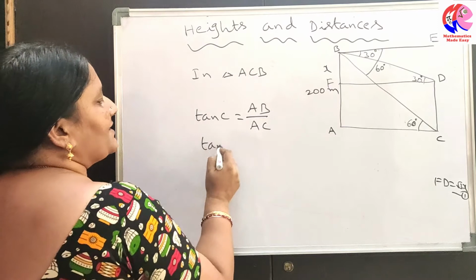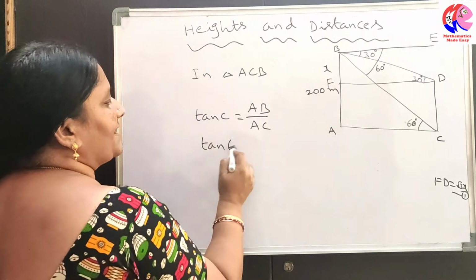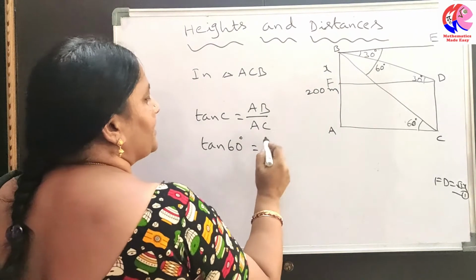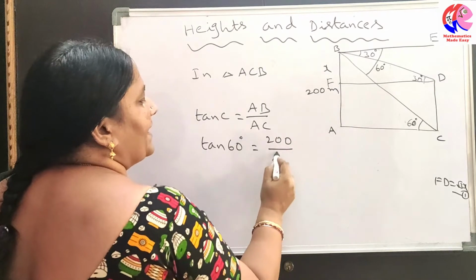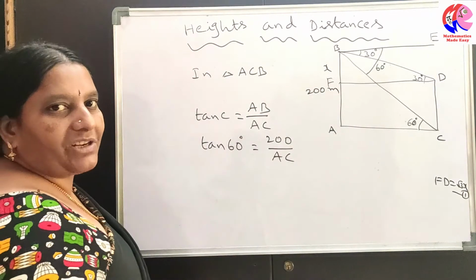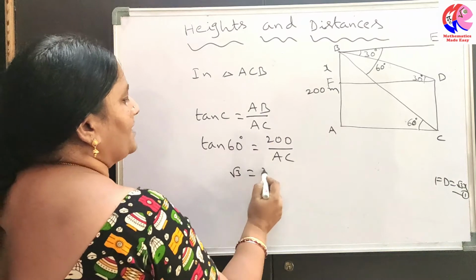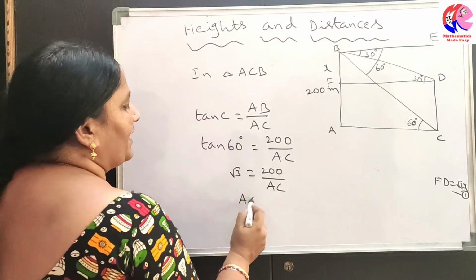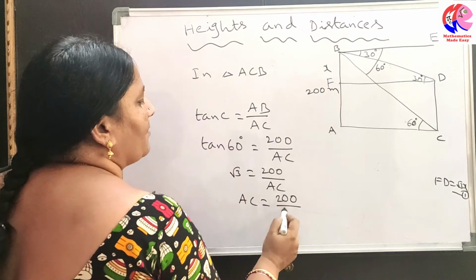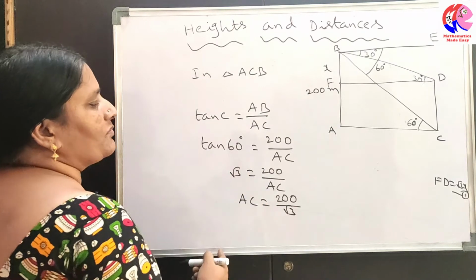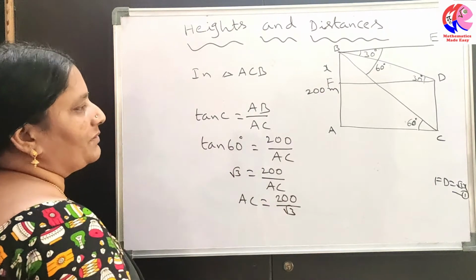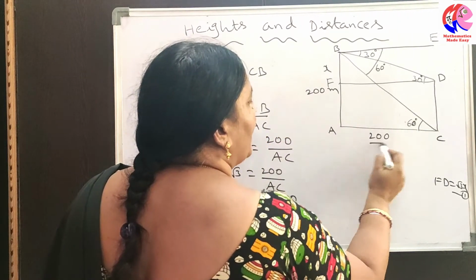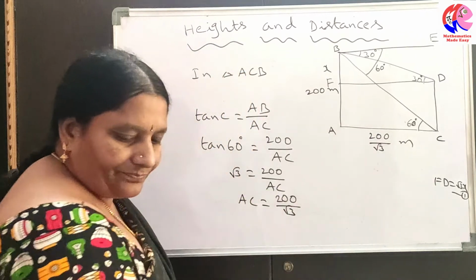But tan C, where angle at vertex C is 60 degrees, is equal to AB, the height of a hill which is equal to 200, given by AC. Then we know that tan 60 value is root 3. So root 3 is equal to 200 by AC. After cross multiplication, we get root 3 AC equal to 200. AC is equal to 200 by root 3. So the distance between hill and pillar is equal to 200 by root 3 meters.